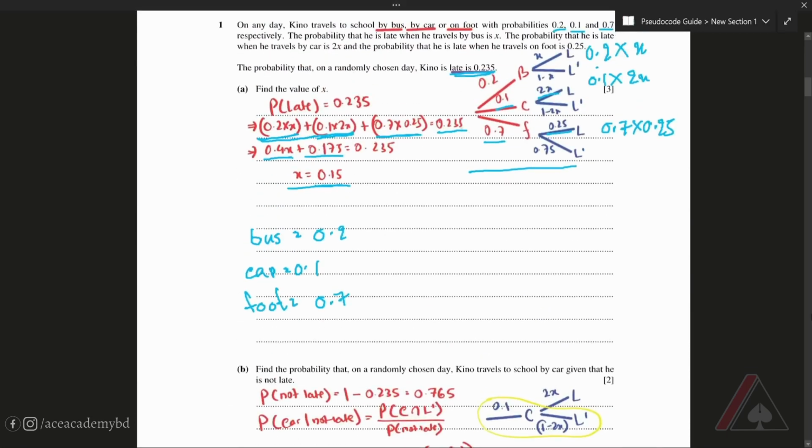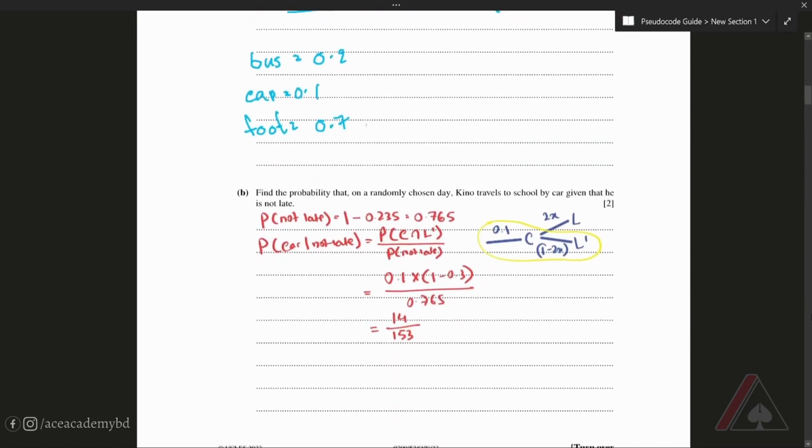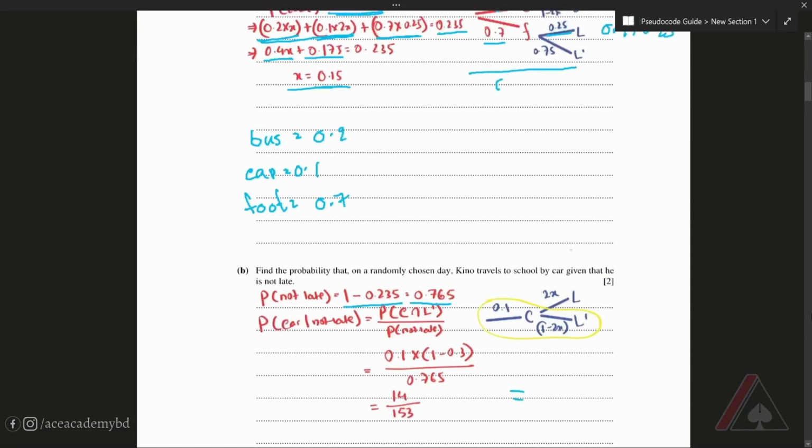We were given the value of him being late in total, which was 0.235, and we deduct that from 1, and we get the probability of him not being late. So he was not late, and he was going by car.